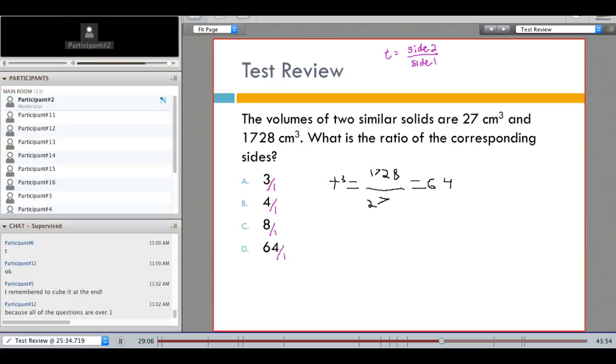We want the ratio of the corresponding sides. Is that t cubed? No, you're right. What's the ratio of the corresponding sides? Now be careful. Nope, you don't want to divide by 3, which I'm sure some of you did as well.